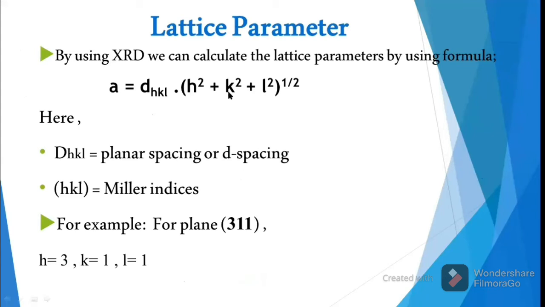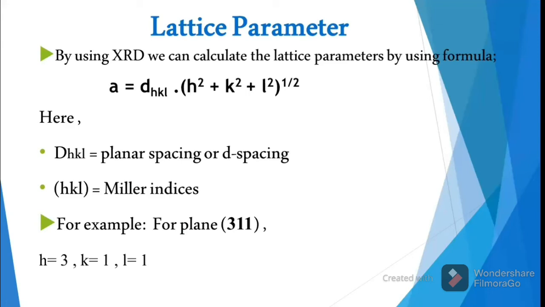How can we calculate these lattice parameters by using the XRD micrographs? We can calculate the lattice parameter by using this formula: A is equal to d HKL times the square root of H square plus K square plus L square. You know that yesterday we assigned HKL parameters to the particular peak values by matching with the JCPDS card.